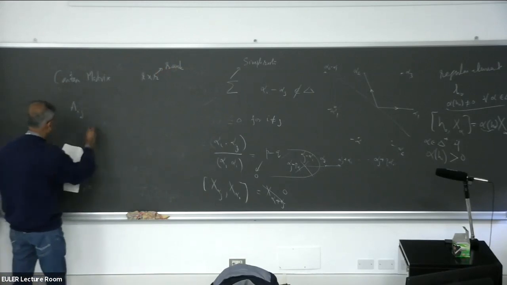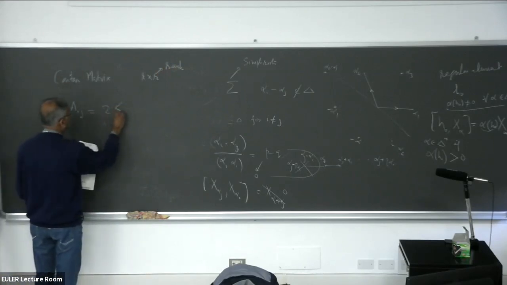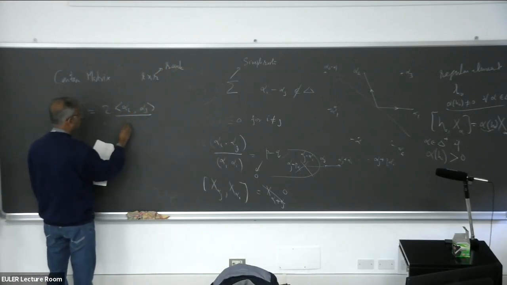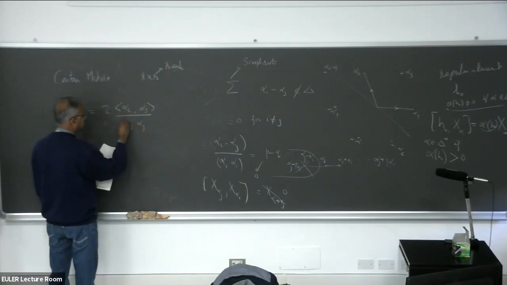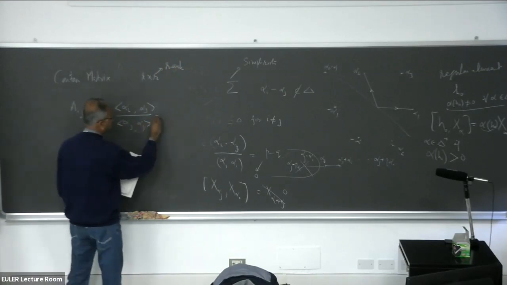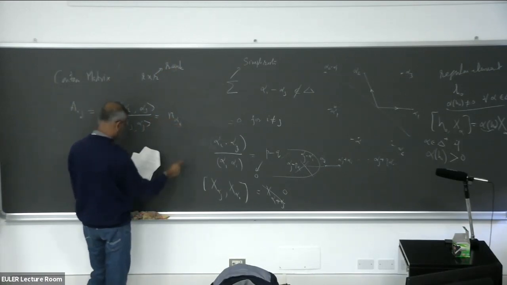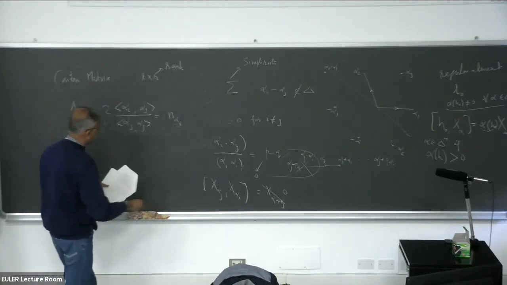A_ij is nothing else but 2(alpha_i, alpha_j) divided by (alpha_j, alpha_j). This is the same as what we were calling n all this time.